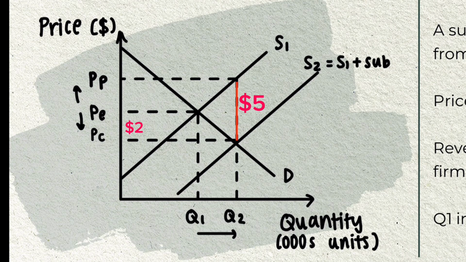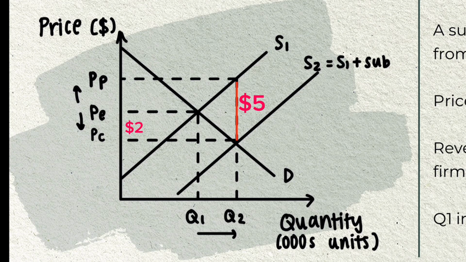As quantity supplied is currently sitting at Q2, and according to the law of supply, we know that a higher price will increase quantity supplied due to higher levels of profit. So in order to encourage suppliers to make the quantity of Q2, a price of PP will have to be paid.